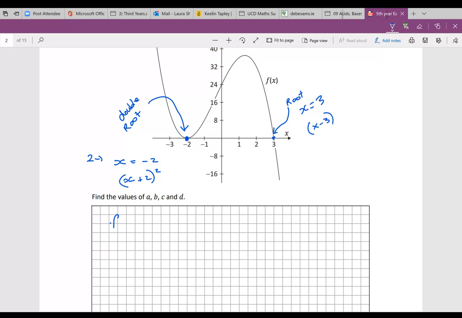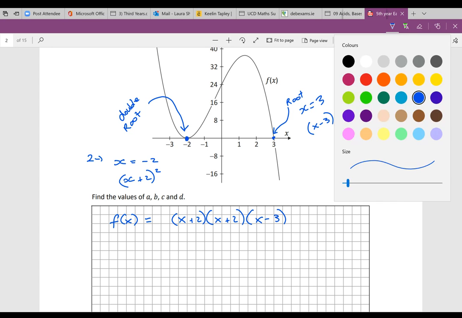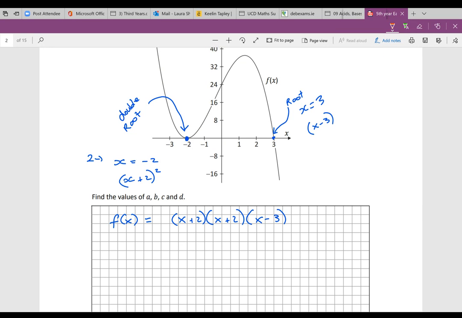To find the function of this graph, most of you were perfectly correct. You multiplied, and bear in mind, you don't have to use the squared here. You can just say x plus 2, because you got two roots there, and x minus 3. Now, really important: when I have roots, that only gets me the basic function.